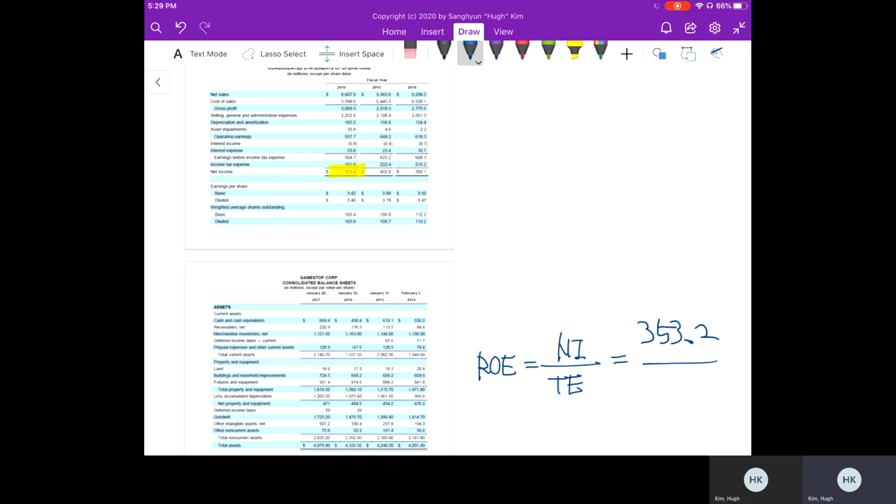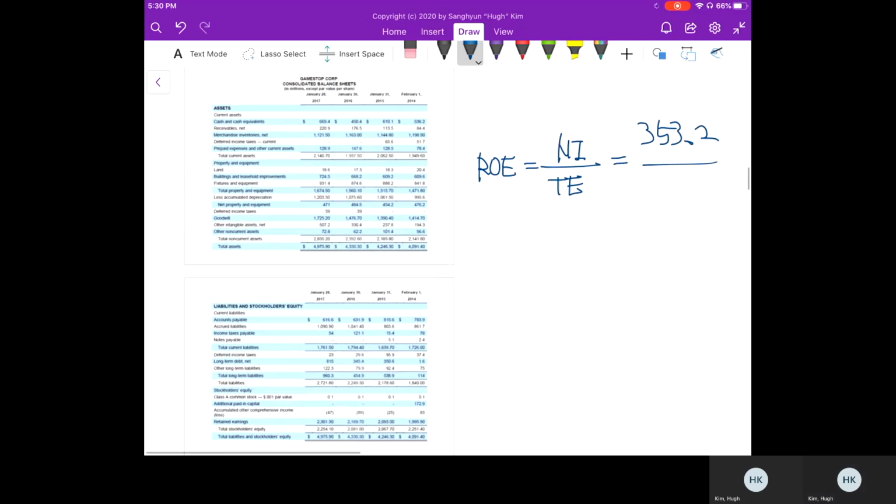So net income is $353.2 million, and total equity can be found on the balance sheet here. And we want the number for 2016, which is this.